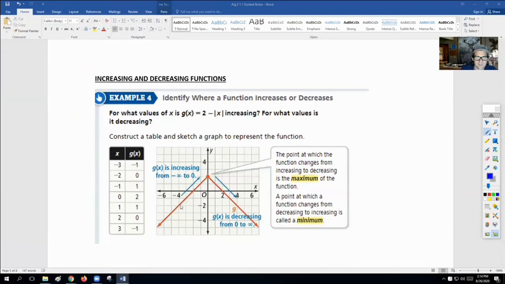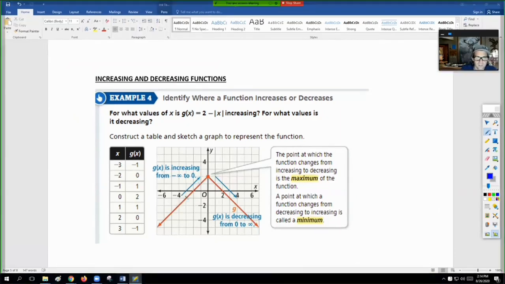All right, so if we have this graph here, we want to make a table where it goes up or down. So we are not looking to see where it is above or below the x-axis. We are looking to see direction. Where is it going up versus where is it going down? And right here at 0 is the changing point. So we would say that this is increasing from -infinity all the way up to 0.